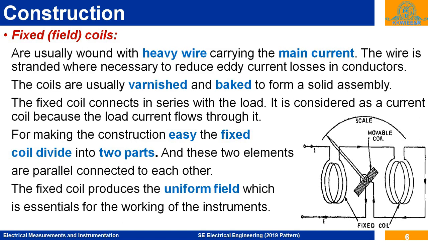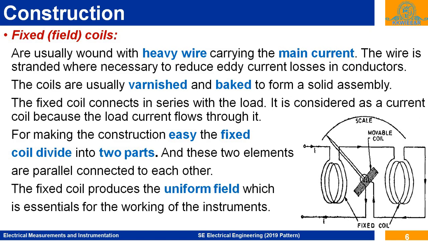Depending on the maximum current rating, we select the cross-sectional area of the conductor so that it can carry the maximum or rated current through this current coil. The reason for using the fixed coil as a current coil is that it can be made more massive.